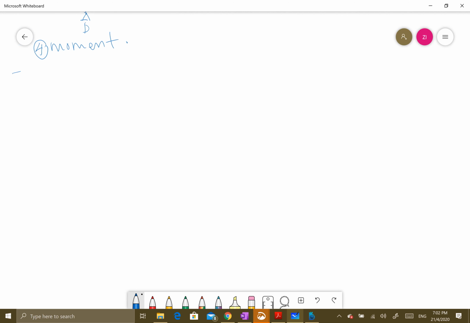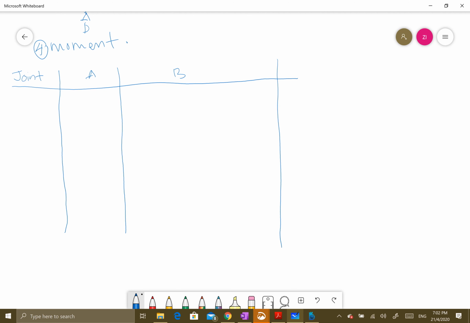So first row is joint. Okay, so we have A, B, C and D.